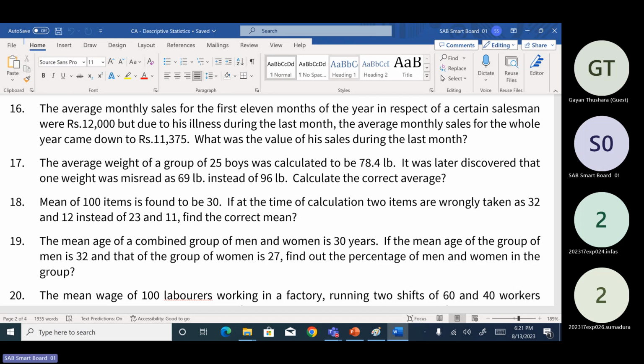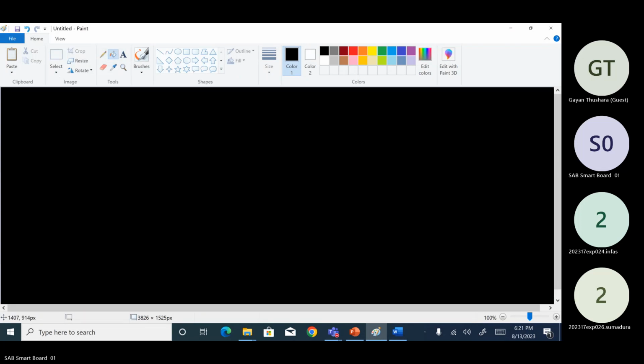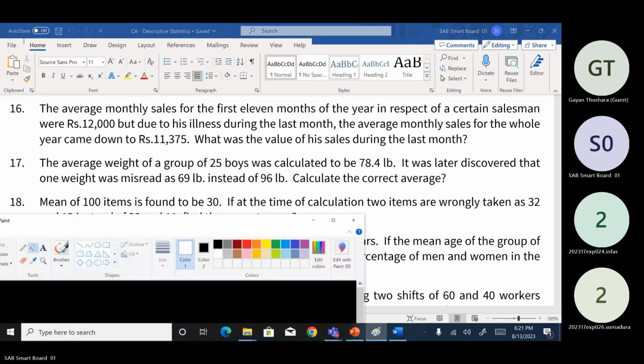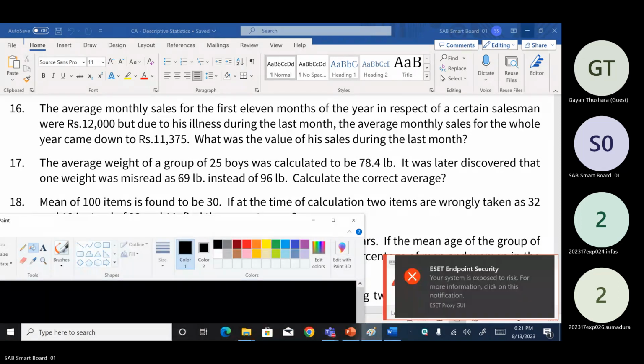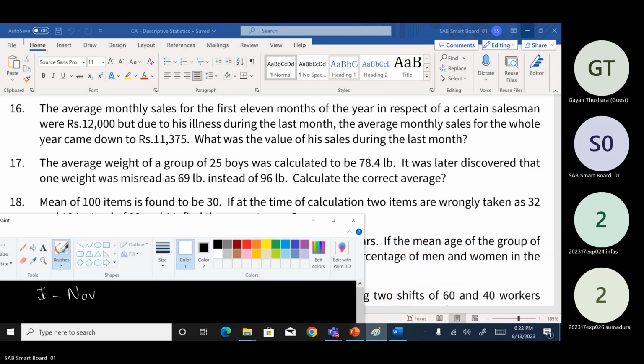So what are the things given? What are we asked to find? January to November, the average given is 12,000.